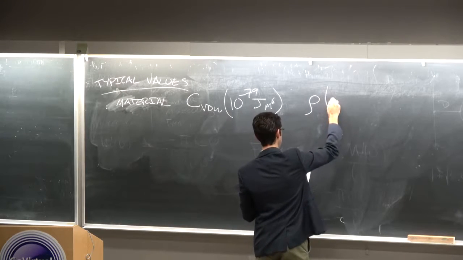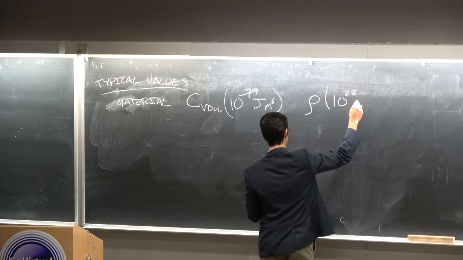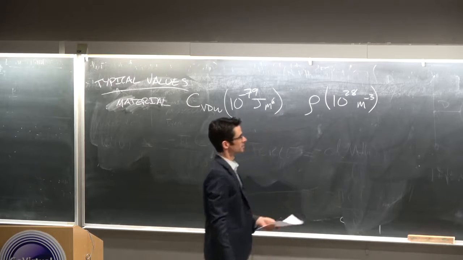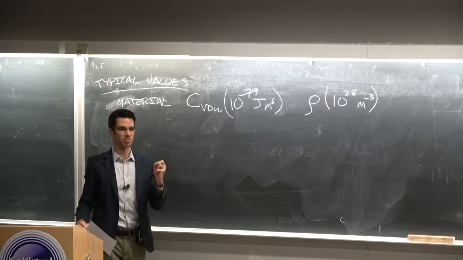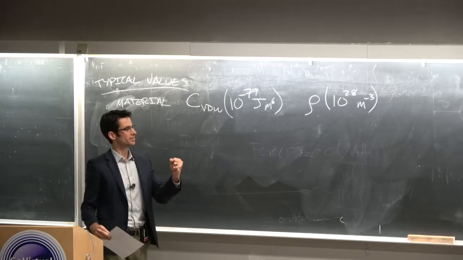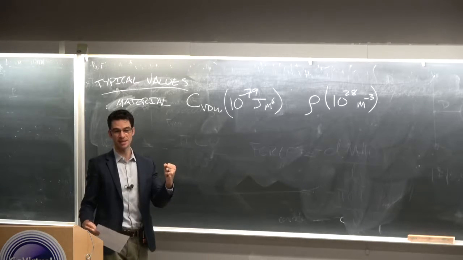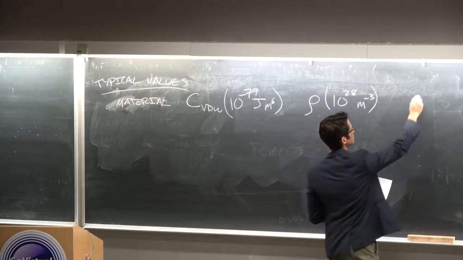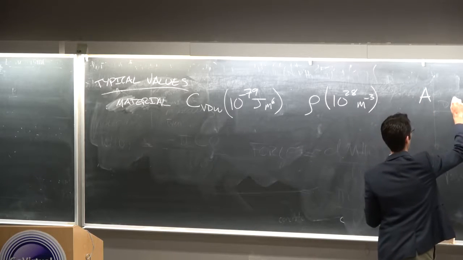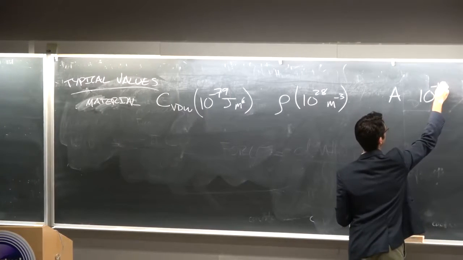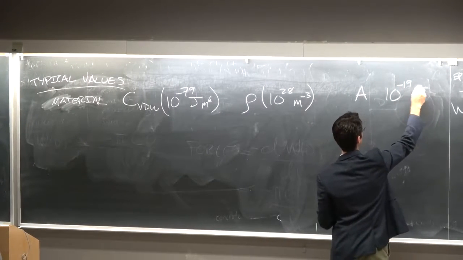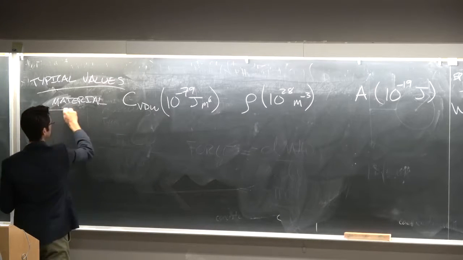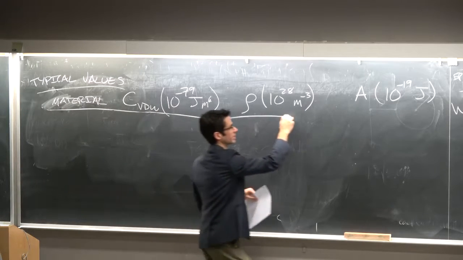The density has units of 10 to the 28 per meters cubed. These are good numbers to keep in mind. A bite-sized molecule, there are about 10 to the 28 of them in a cubic meter. And then the A parameter, which is usually somewhere around 10 to the minus 19 joules. And this is the Hamaker constant.